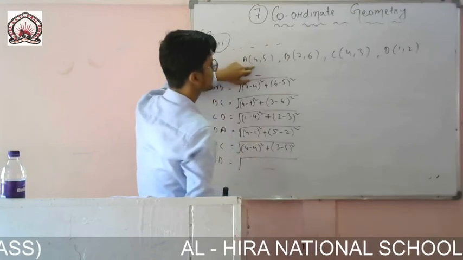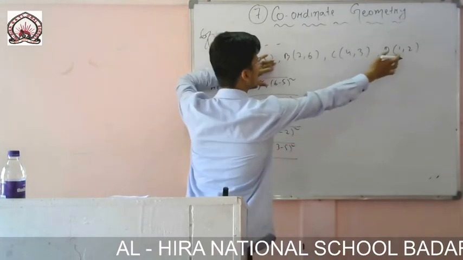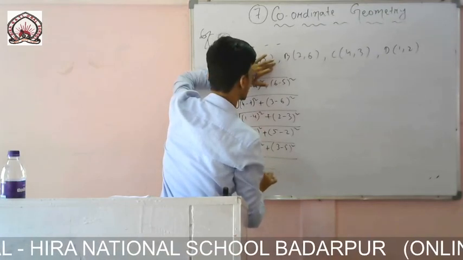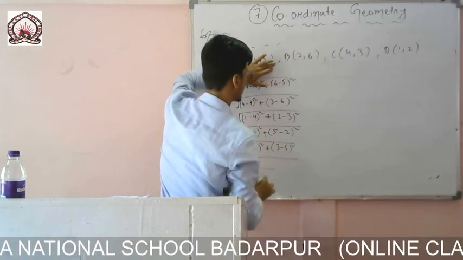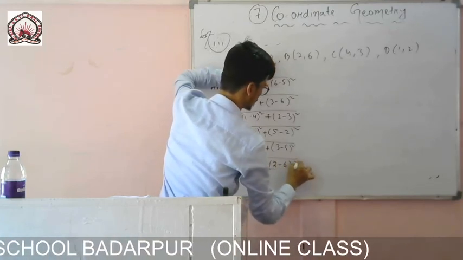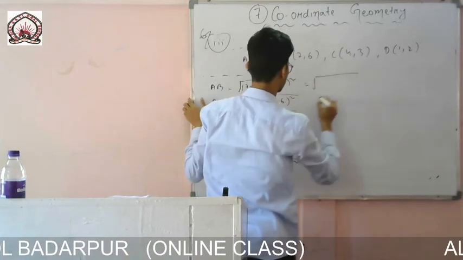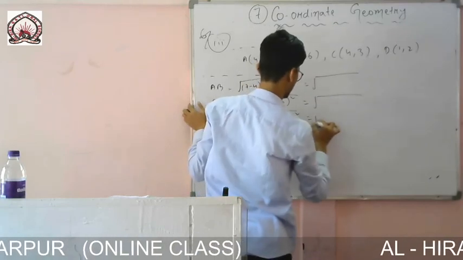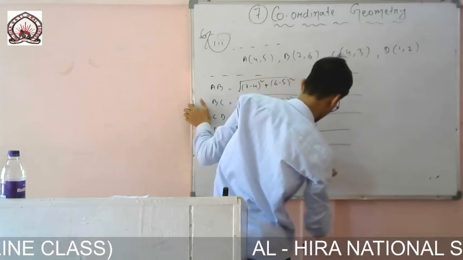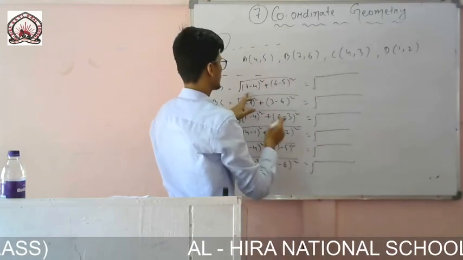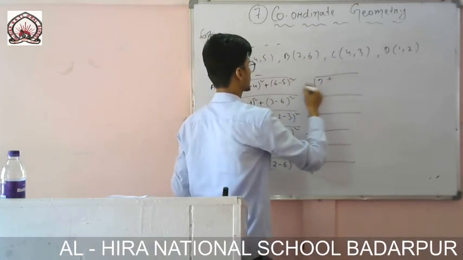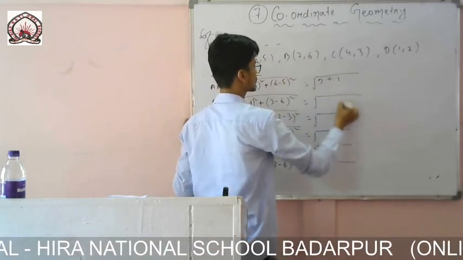Then BD will be (1 minus 7) whole square plus (2 minus 6) whole square. Now let us find the first one. 7 minus 4 is 3, 3 square is 9, plus 5 minus 1, that is 1, so 1 square will be 1.